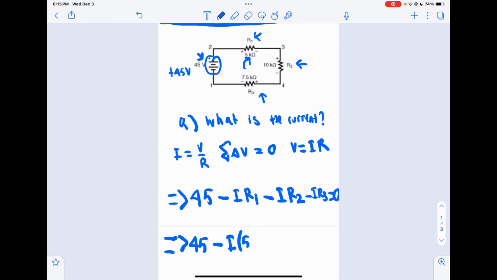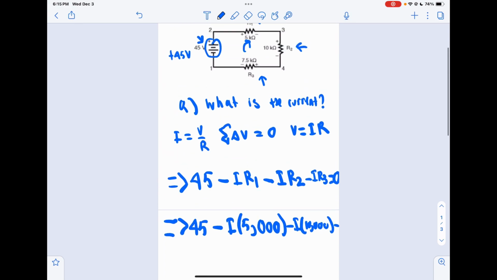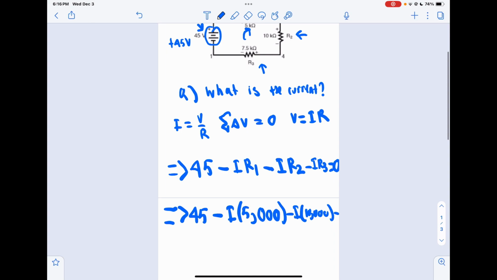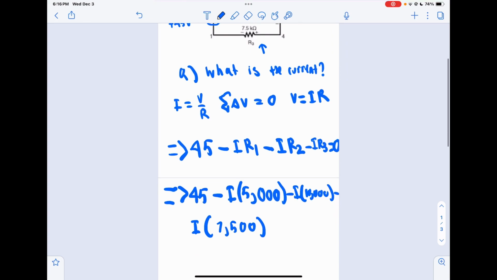We'll keep everything in K. And then we have minus I times 10K, minus I times 7,500, which is 7.5K.